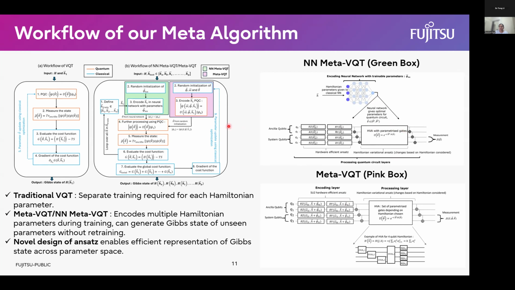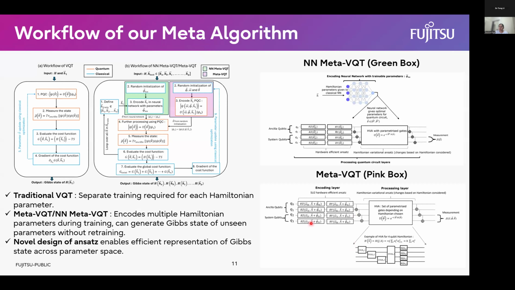And in the pink box, there is no classical neural network. Rather, we are encoding the parameters directly into the hardware efficient ansatz, which is processed further by a Hamiltonian variational ansatz. Why have we chosen this structure, a combination of hardware efficient and Hamiltonian variational?